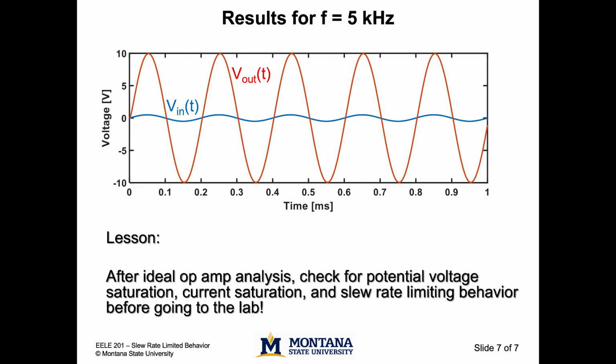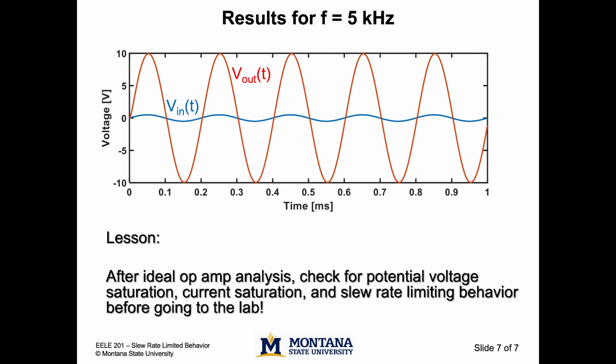What is the lesson in all this? Well, in general, we start a design problem, or a simple analysis problem, assuming an ideal op amp. That's great. But after we come up with our expected output, we need to check that we are not asking the op amp to exceed any of its linearity constraints.